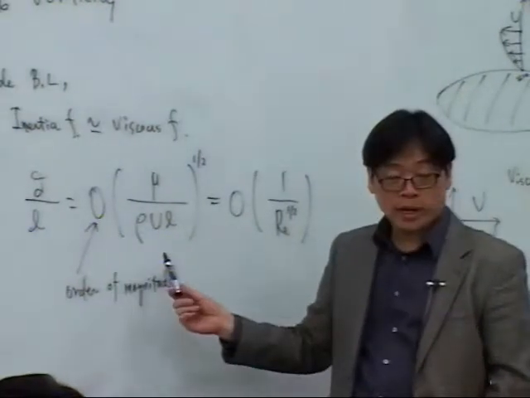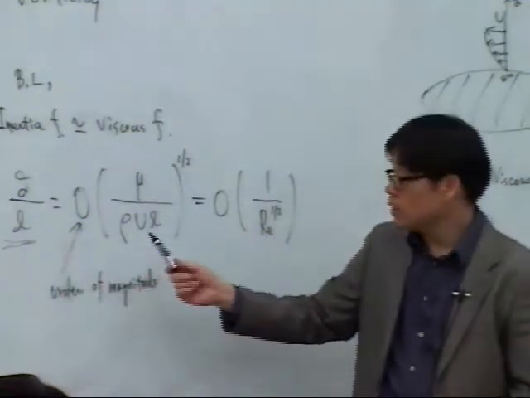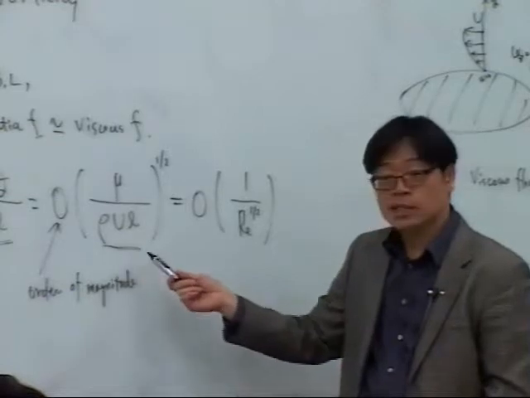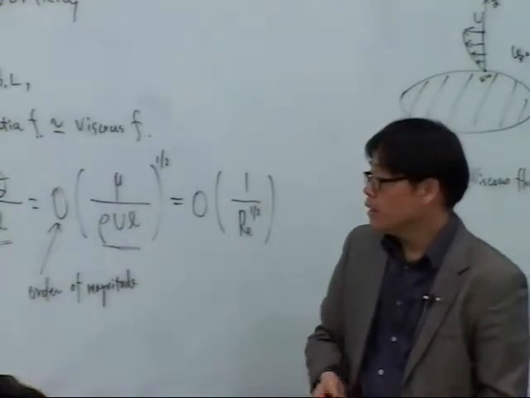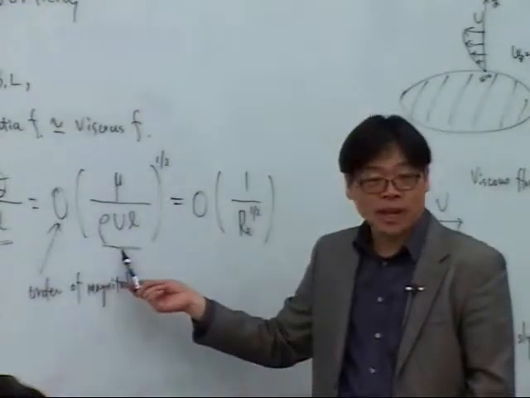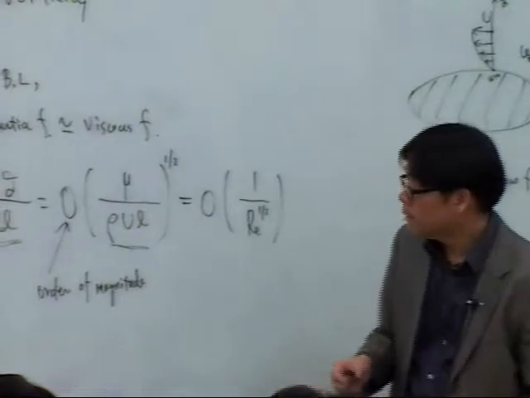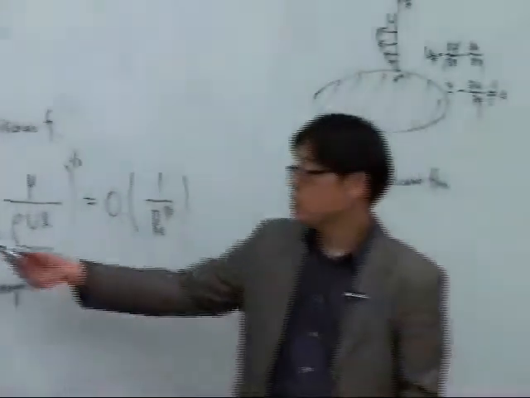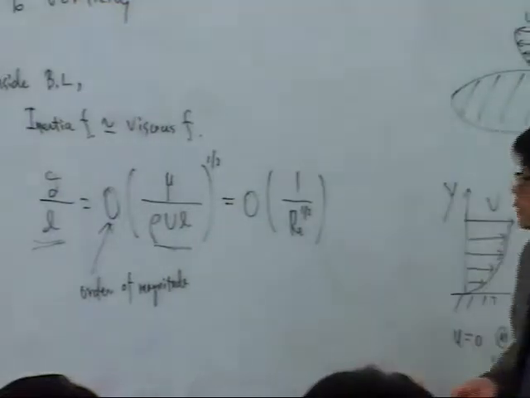When I say this way, the magnitude of this guy is the same as magnitude of this guy. If this is 10, this is about 10, 11, 12, that kind of thing. So the size of this is almost the same as this. That's what I mean by this.